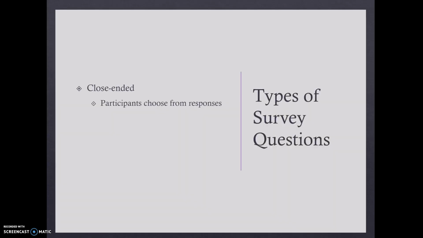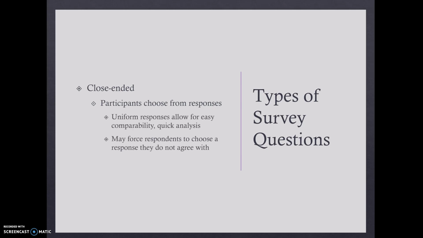And the next type is what we're going to focus on. It's close-ended questions. So participants choose from responses. There will be uniform responses allowed for easy comparability and a quick analysis. If everyone has to answer whether they are absolutely satisfied with the product or absolutely dissatisfied with the product, then you can compare their answers.